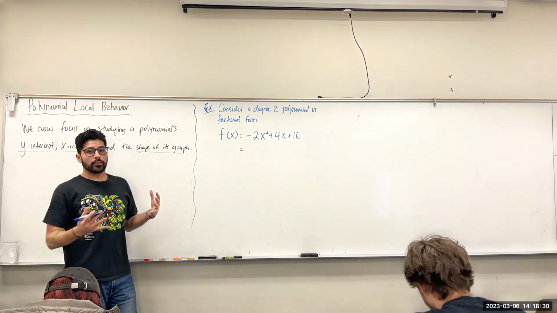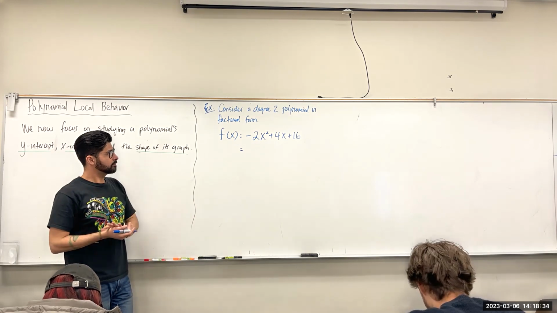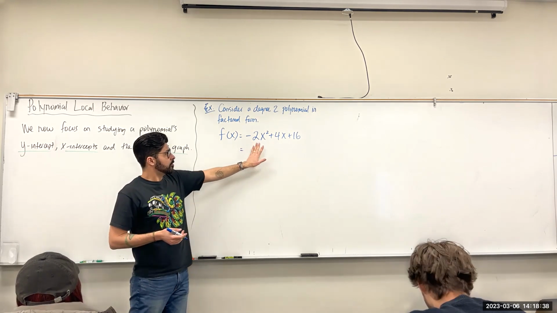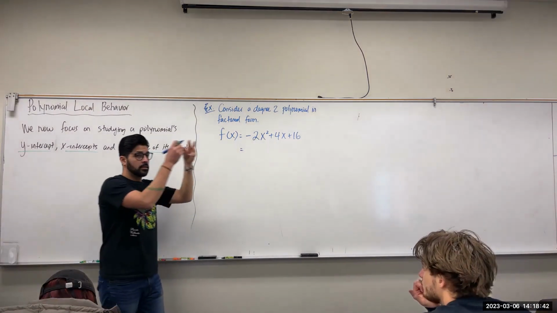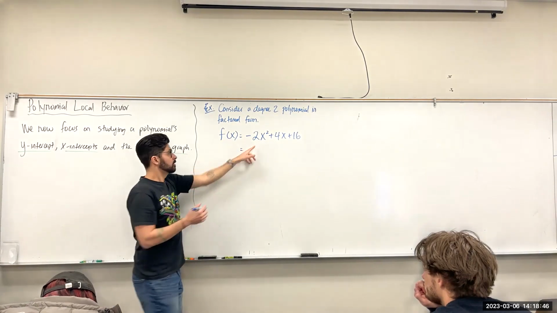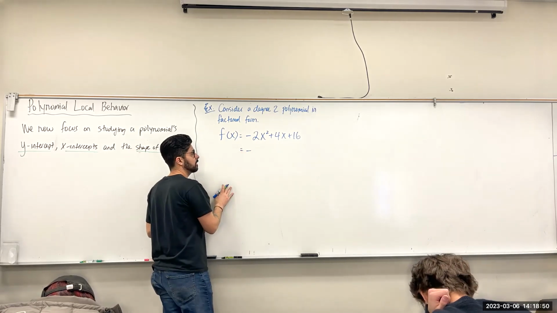So let's say I wanted to factor this as much as I can. Notice the coefficients are all even. So we can take out a 2, but let's take out that -2, so that our leading term doesn't have a negative coefficient.